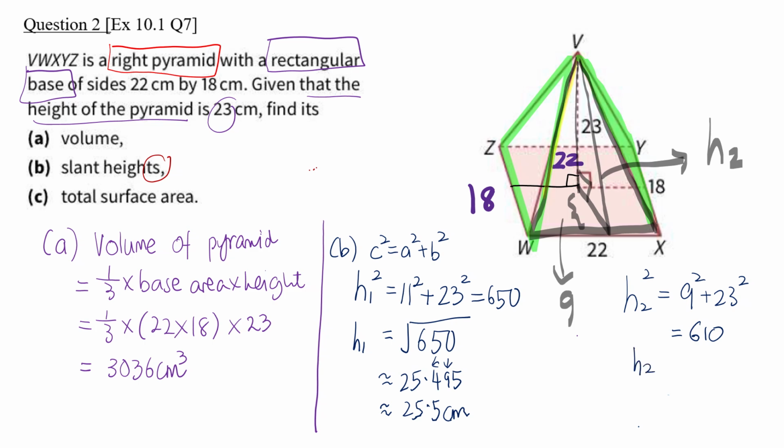So H2 will be the square root of 610, which gives you 24.698. Again, expressed to three significant figures, look at the fourth number, carry 1 to 6, so it's 24.7 centimeters. So these are the two slant heights.